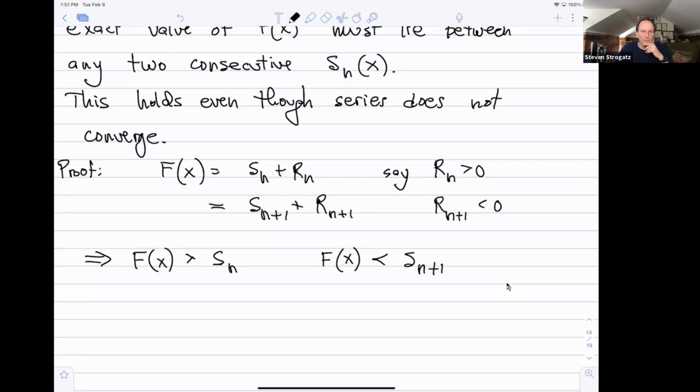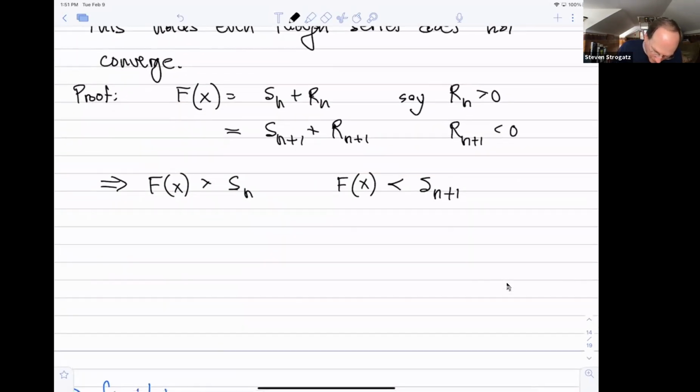Because in one case you have a positive thing being added to the S, and in the other a negative. So f is trapped between those two consecutive ones. In this case, it's between S_(n+1) above it and S_n below it.